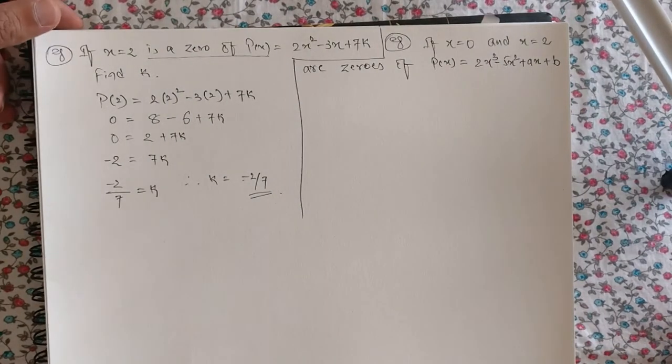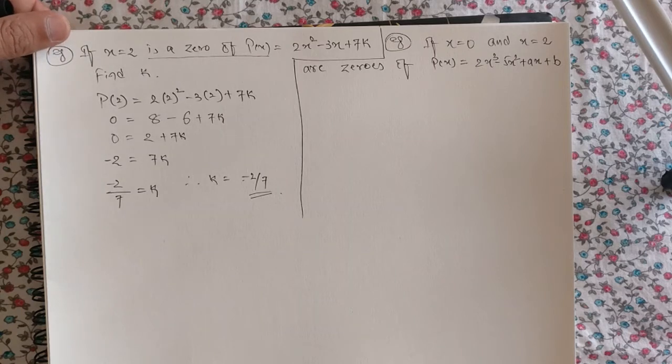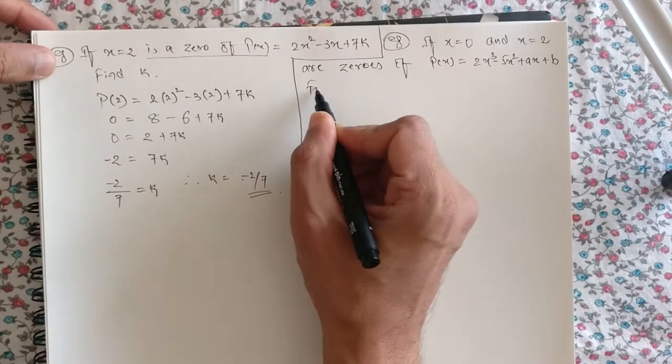Now see what is your polynomial: 2x cube minus 5x square plus ax plus b. A and b should be numbers, but they have been given to us as unknown variables. You have to find the values of a and b.